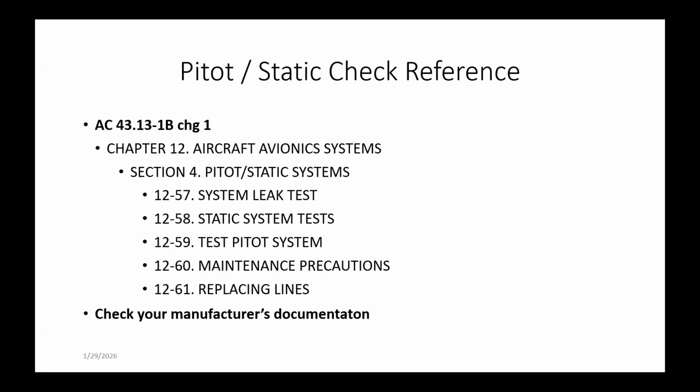Now, whatever altimeter you have, you'd check your manufacturer's documentation. What this is doing is telling you what needs to be checked. It tells you what, it does not tell you how. So it does not have the procedure in that portion of the advisory circular.